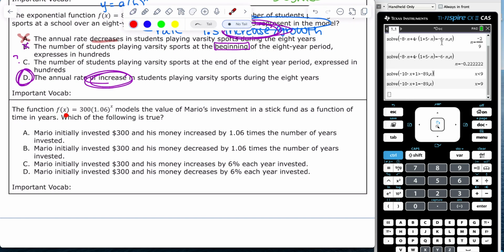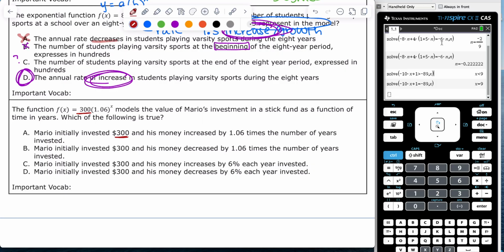It says the function f of x equals 300 parentheses 1.06 parentheses x modeled the value of Mario's investment in a stock fund as a function of time in years. Which of the following is true? Mario initially invested 300 and his money increased by 1.06 times the number of years invested. So here I have 300.